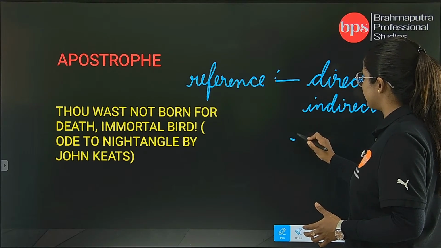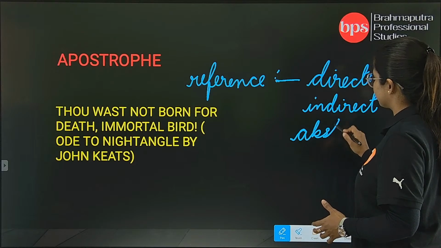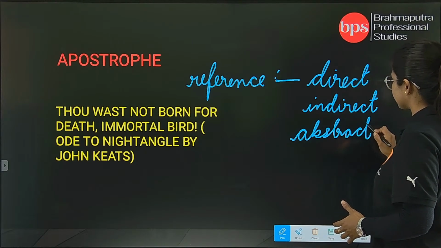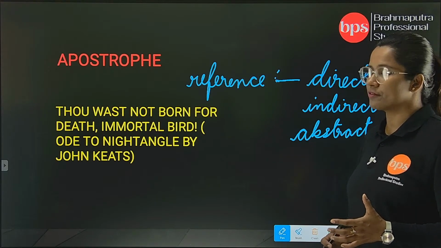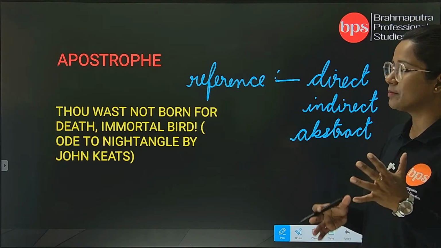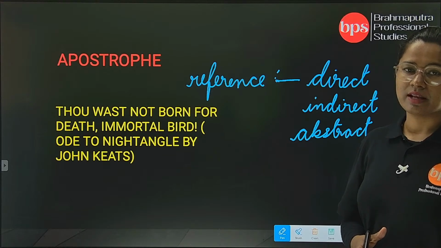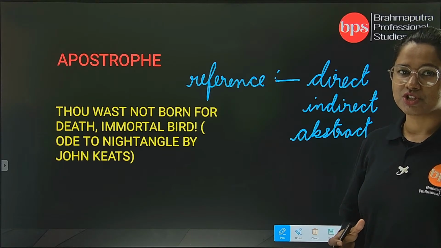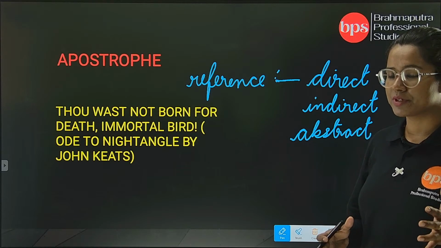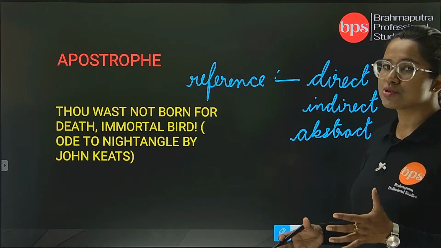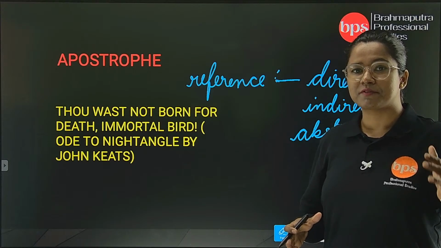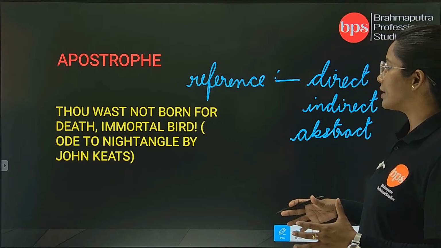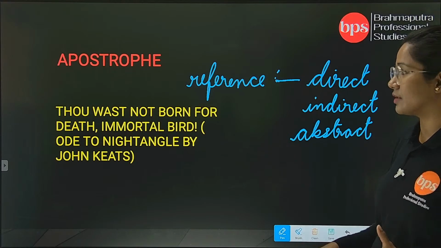For example, the example here is, "Thou wast not born for death, immortal bird." This is a quotation from the poem Ode to a Nightingale by John Keats. Here it is a reference to the bird, though the name of the bird is not given.